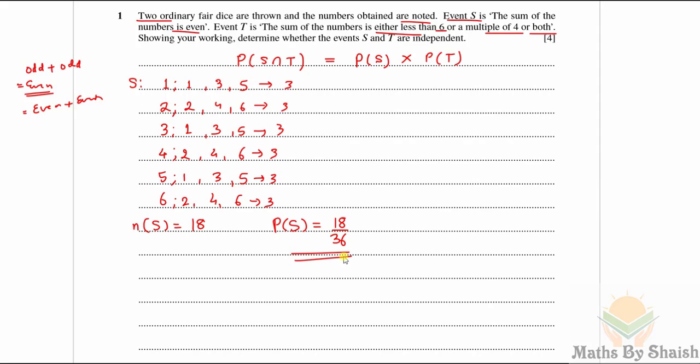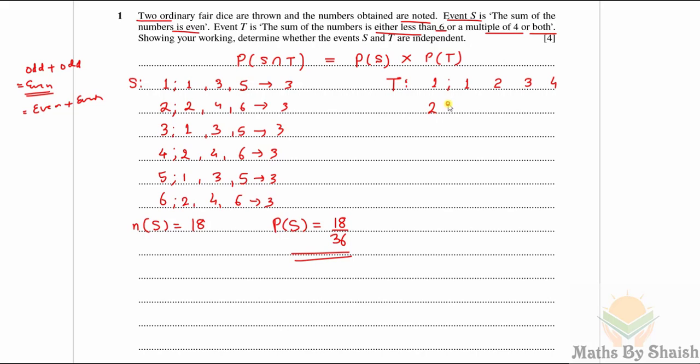Now we will calculate for T. T is the sum of numbers is either less than 6 or a multiple of 4 or both. We'll start with less than 6. For 1 it is 1 plus 1, 1 plus 2, 1 plus 3, 1 plus 4; 1 plus 5 would be 6, so we'll not include it.